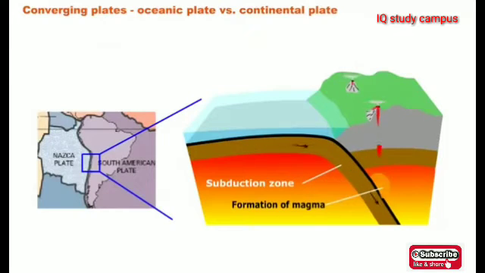All right, next along the west coast of South America, the oceanic Nazca plate is subducted below the continental South American plate. So here, we have an oceanic plate versus a continental plate. This type of geological setting is the same as the region around Japan, except that it's continental versus oceanic.